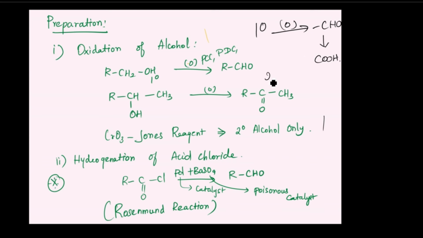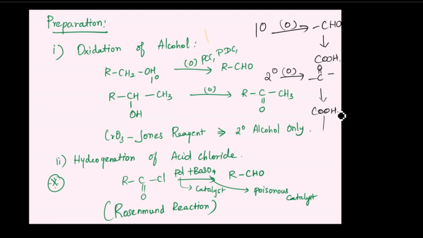Similarly, if I'm taking secondary alcohol, upon mild oxidation that will give you ketones, and further oxidation will also give carboxylic acid with fewer carbons. So that is the important part in the carbonyl compounds chapter.